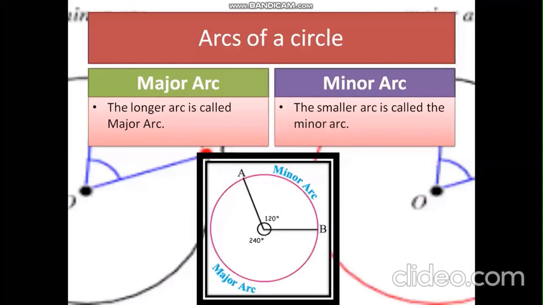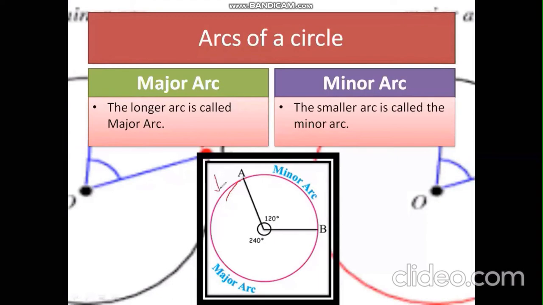Next, there are two arcs in a circle. One is major arc, another is minor arc. Now you can see here, this is the circumference of the circle. Now this longer line is called the major arc.